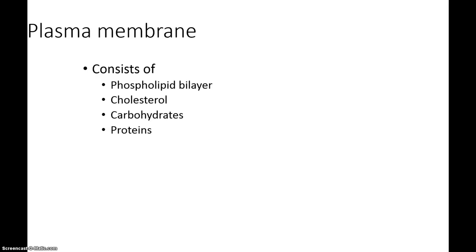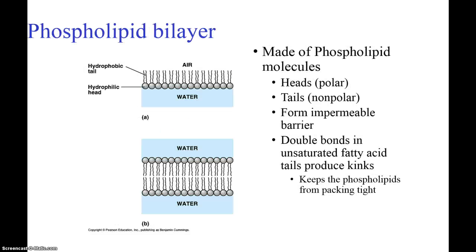The plasma membrane consists of more than just a phospholipid bilayer. It contains cholesterol, carbohydrates, and proteins, all of which are sandwiched in the phospholipid bilayer. So let's start with the phospholipid bilayer. Its heads are polar, and its tails are nonpolar. If you remember, polar means you've got a positive and a negative charge, just like you have a north and a south pole on Earth.